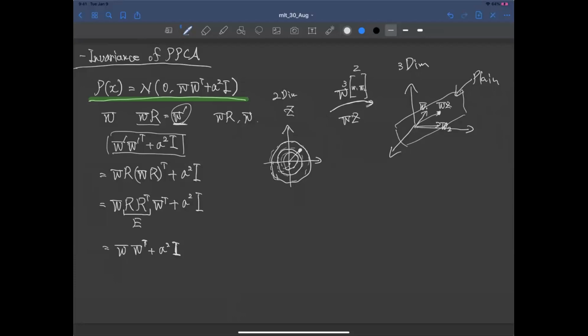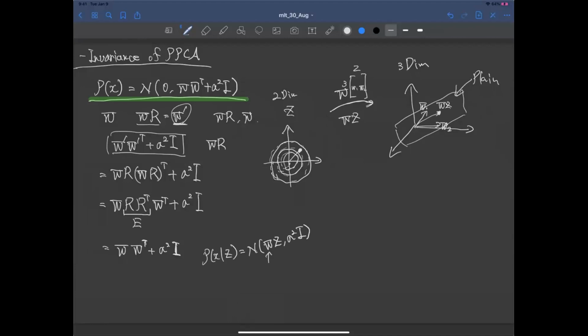But if I assign a different W, like WO, then as I have said, the probability distribution of X given Z is WZ with sigma squared times the identity matrix.